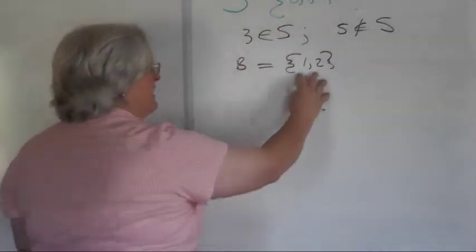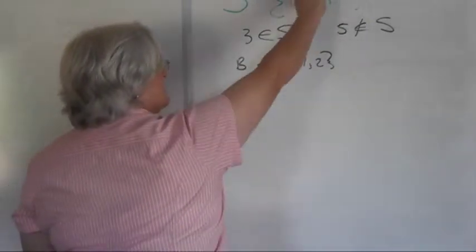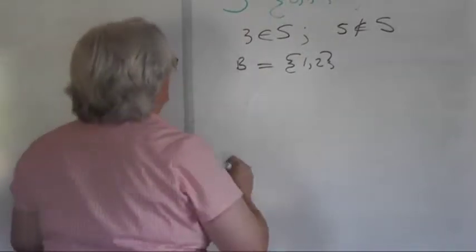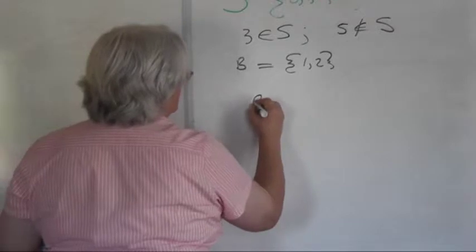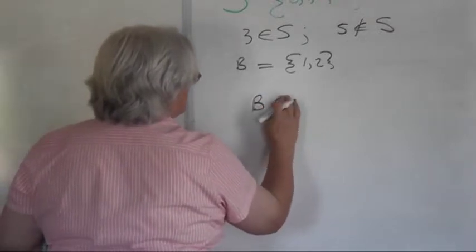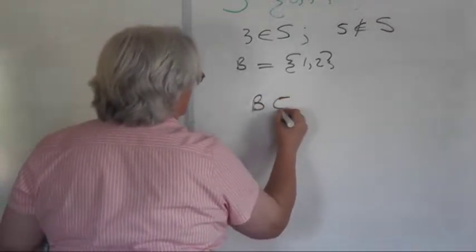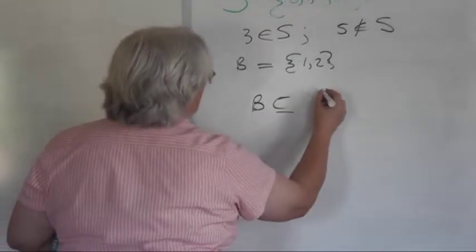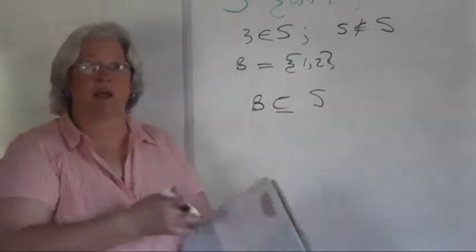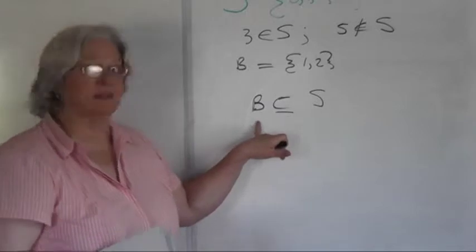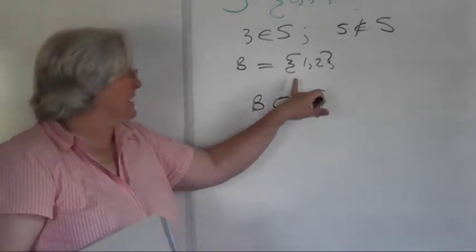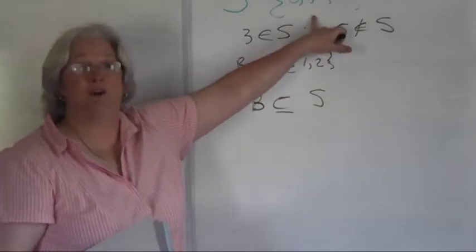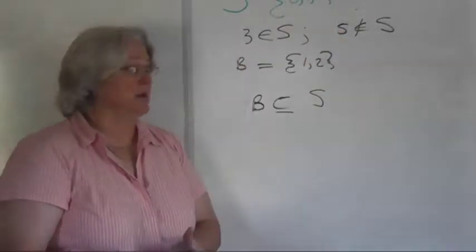We can say that B sort of fits inside of set S. The way they say this in set language is that B is a subset of S. In other words, every element that is contained in set B, which are the elements 1 and 2, every one of those elements you can find in the larger set.